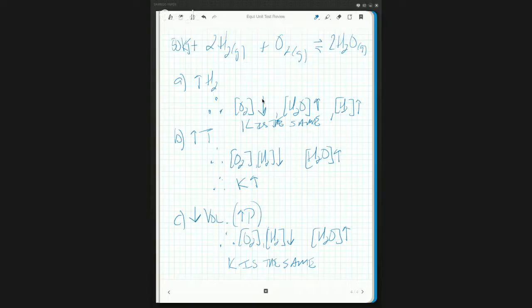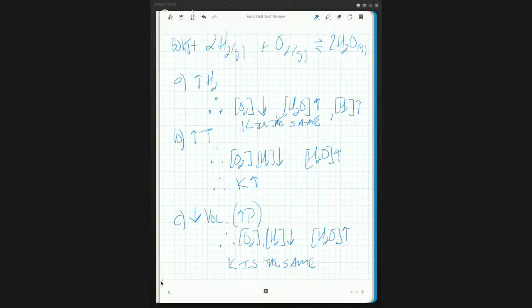In this situation, K only gets affected by temperature, and that would be the same thing for Q. It's just a matter of figuring out if it's at that place in the system.